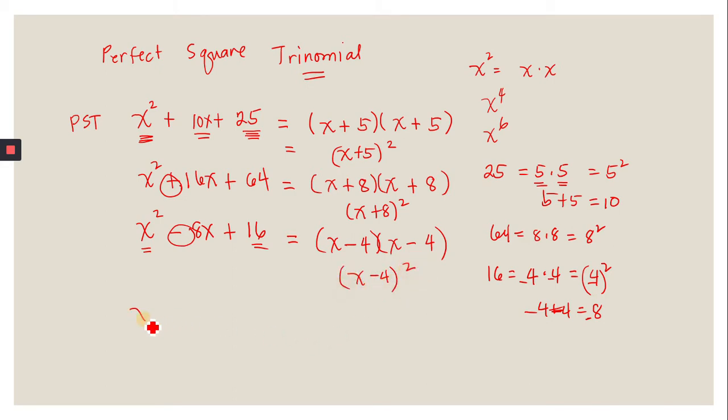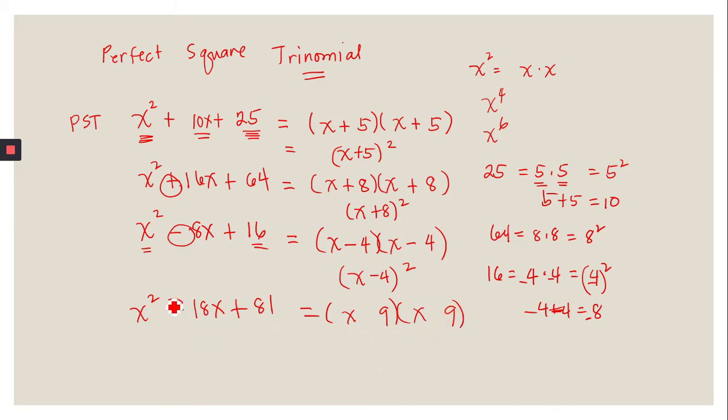Let's have another one. Let's say you have x squared minus 18x plus 81, right, so that will be x squared is x times x. 81 is 9 times 9, right? And 9 plus 9 is 18.